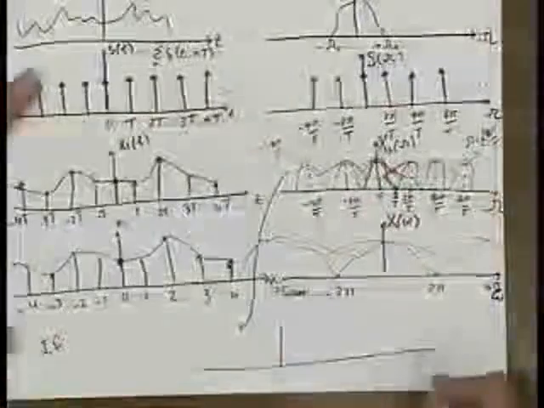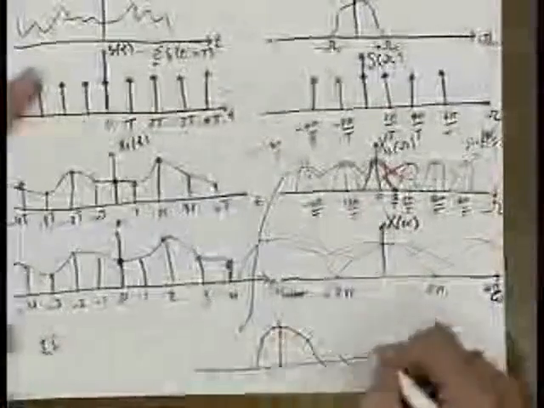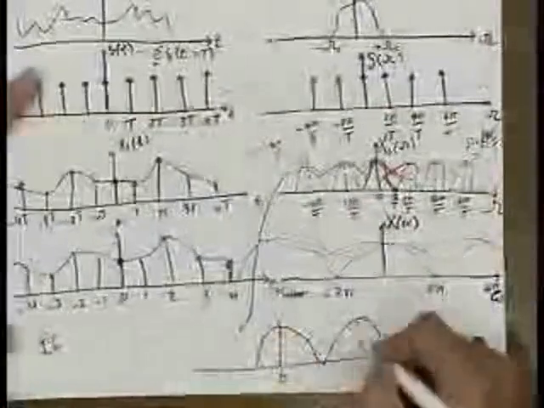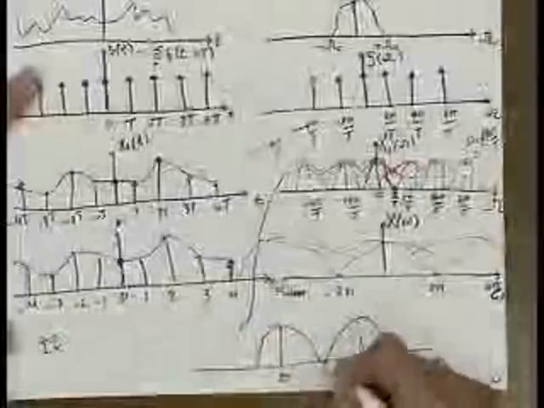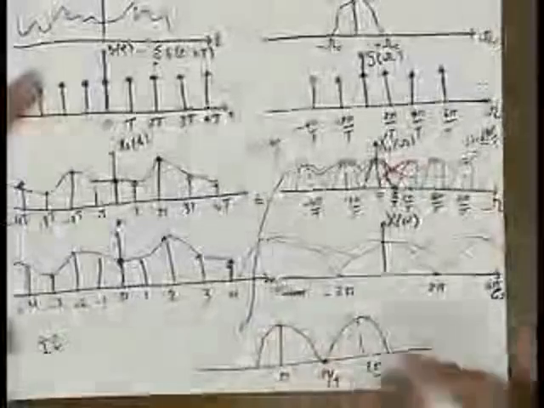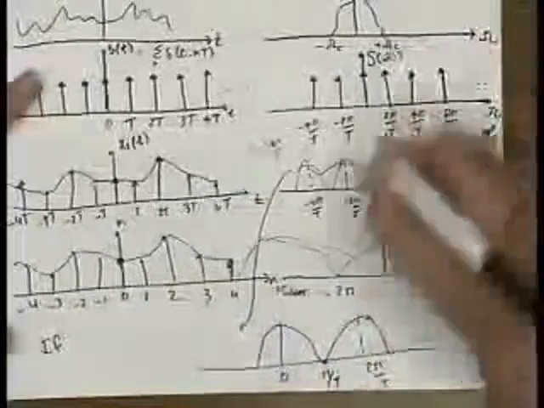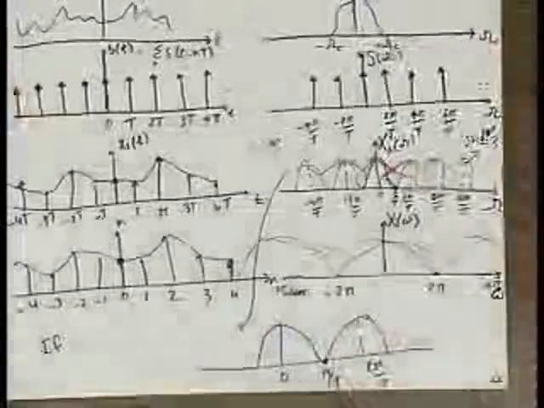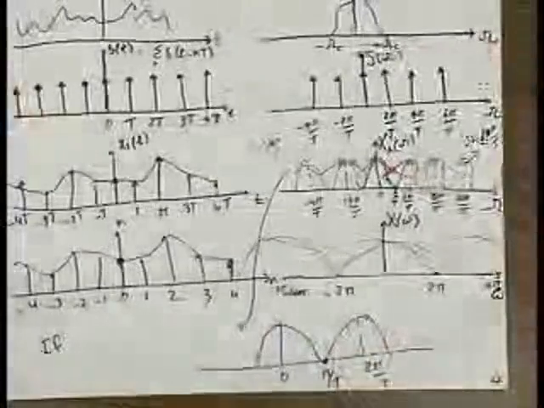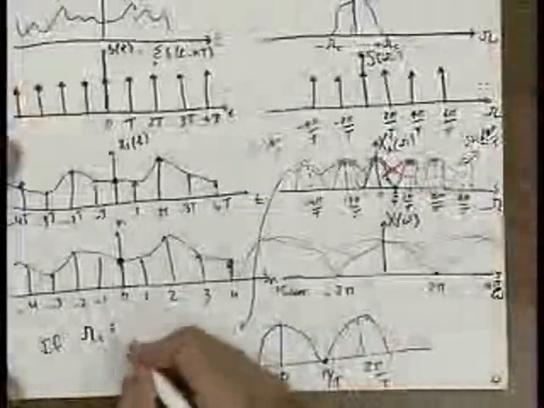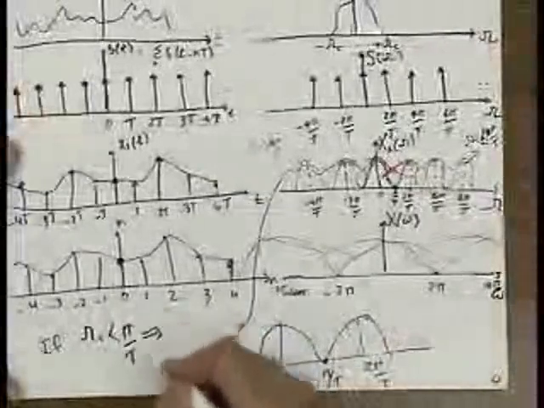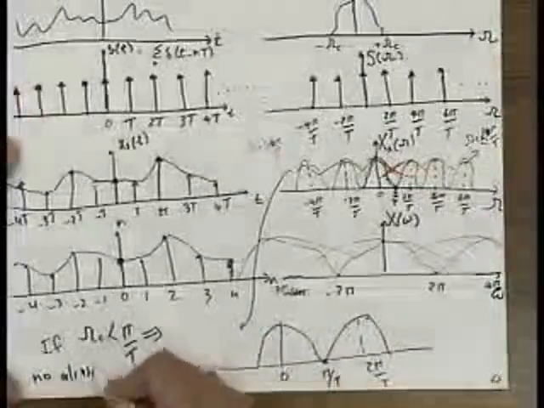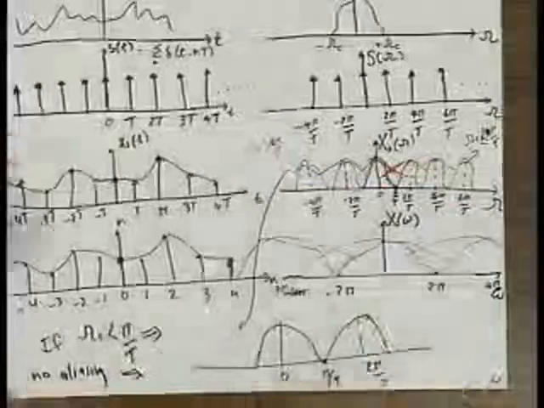So what I'm saying here is that these guys are repeating themselves, and this is 0, this is 2 pi over T, and the middle point is pi over T. So if omega c is just equal to pi over T, they barely touch each other and don't overlap. If omega c is smaller than pi over T, then we get no aliasing, and we can recover the signal.